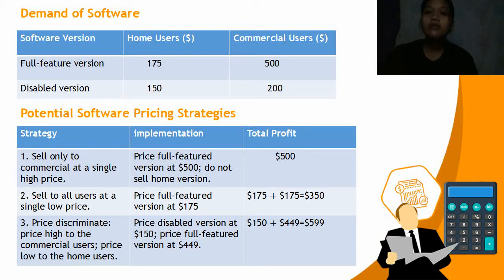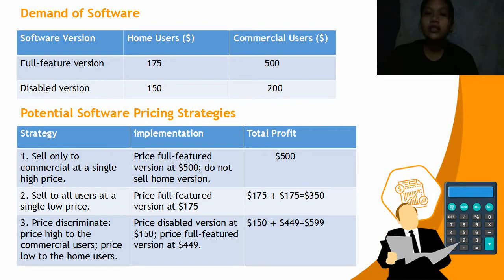There are three strategies. First, sell only to the commercial users at a single high price. In implementation, price the full feature version at $500, and do not sell the home version. The total profit is $500.